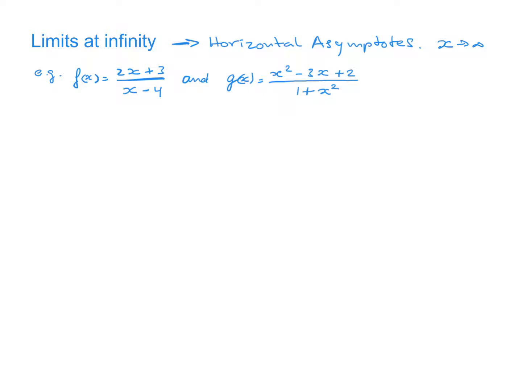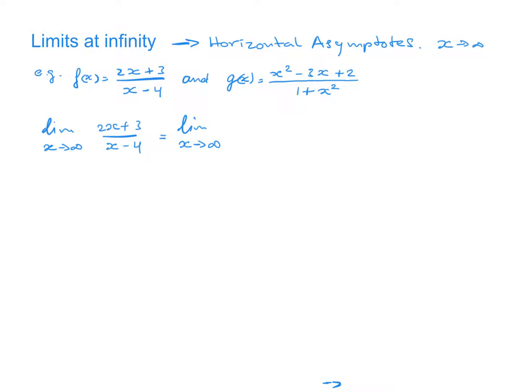For instance, it's the limit as x approaching infinity of (2x plus 3) over (x minus 4), which is the limit as x approaches infinity. And now I'm going to do something that you may have seen before. I'm going to divide every term that I have here, this one, that one, that one, that one, by the highest power of x.